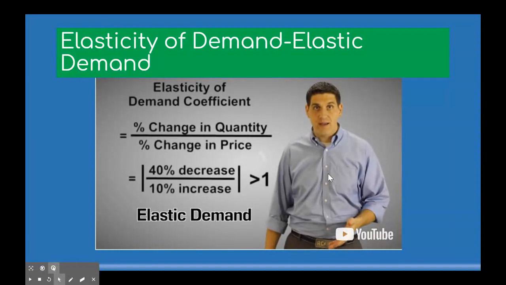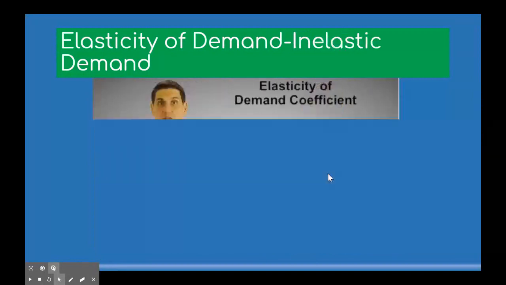These are representations of each one of those. Elastic demand would be when you had a coefficient ratio greater than 1. And again, it's showing you here the change in quantity versus the change in price. If you had a 40% decrease in the change in quantity and a 10% increase in the change in price, your number naturally would be greater than 1, and you would have elastic demand.